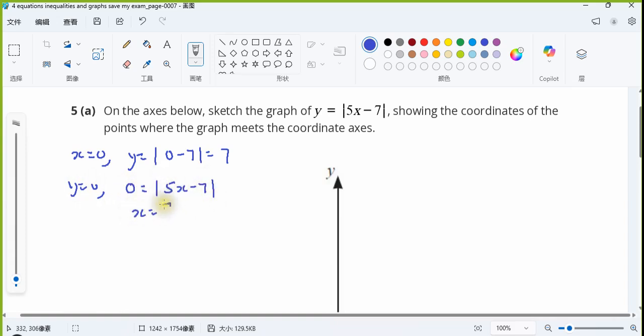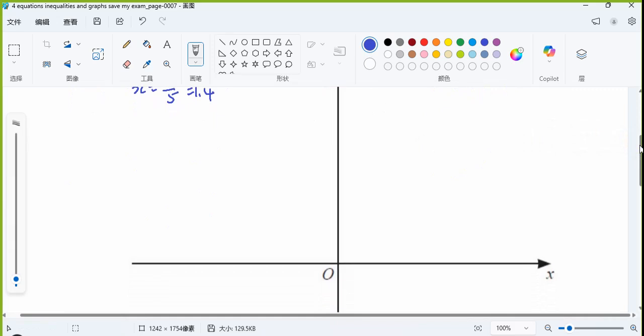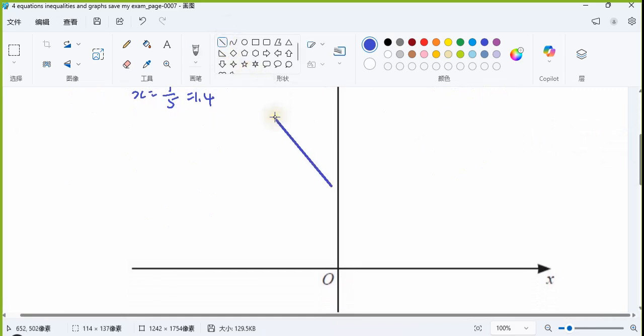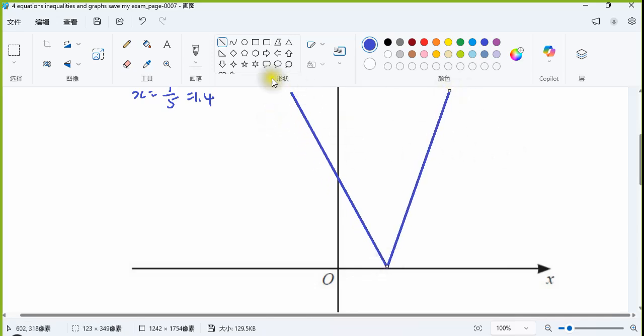Then x will be 7 over 5, which is 1.4. So the graph that we will have is 1.4 here. Then we have a V shape, and this is 7. So this is 1.4 and this is 7.